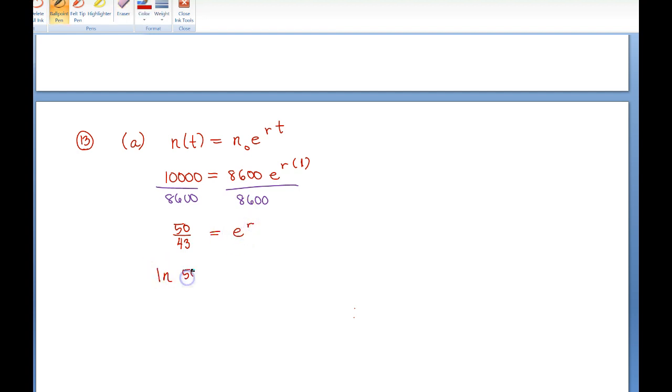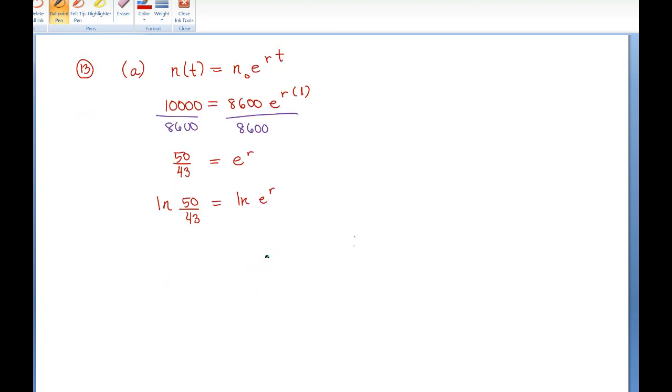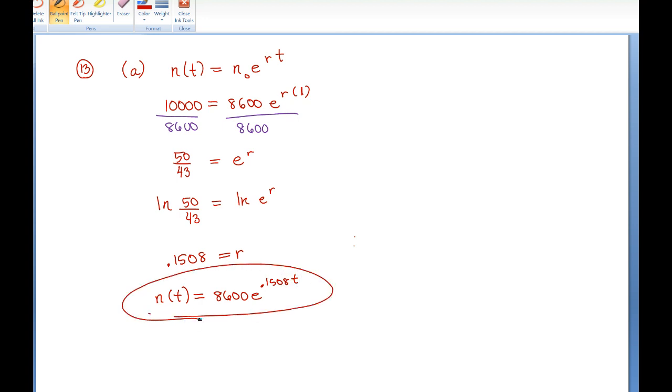So now I'm going to do ln of both sides. So we just get r on the right side. And when we plug that into the calculator, we get 0.1508. And now we can go back and rewrite the equation. So N of t equals, again, our initial amount was 8,600 e to the 0.1508 t. So that's part A.